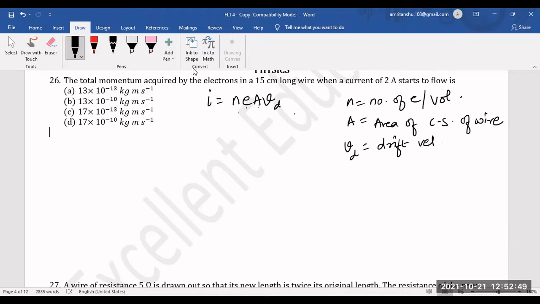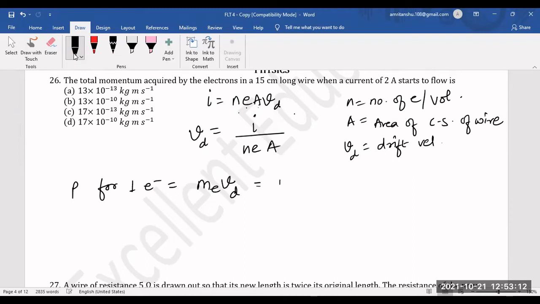Okay. So now from here, the drift velocity of all electrons will be this much. And the momentum of one electron is going to be mass of electron into drift velocity, so ME Vd.